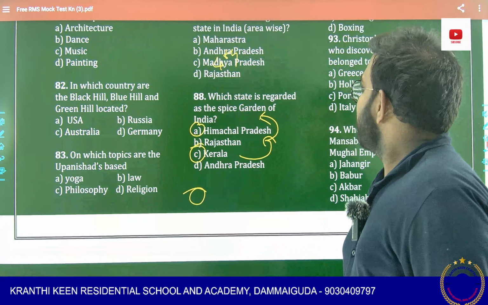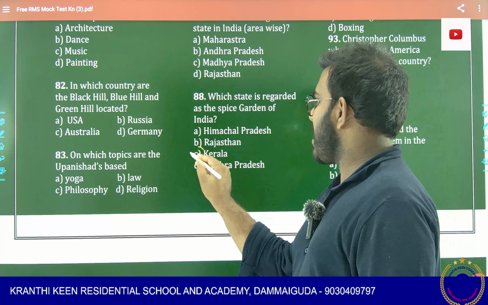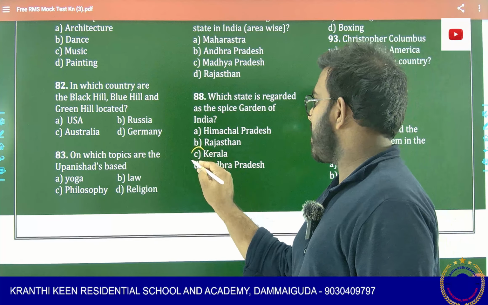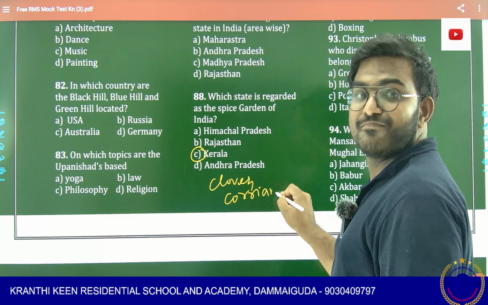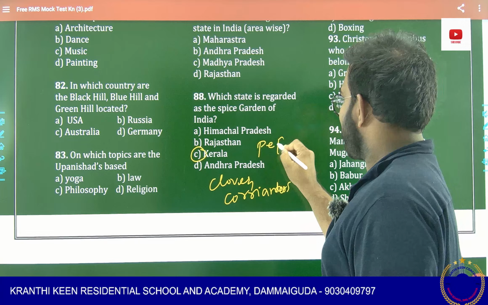Next, which state is regarded as the Spice Garden of India? Kerala. Kerala produces spices like cloves, coriander, and pepper.